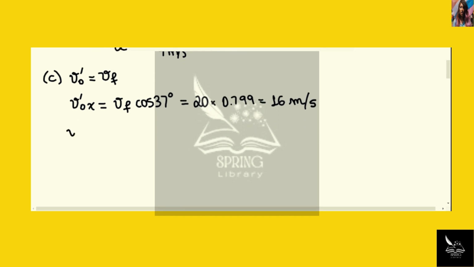We can also calculate the initial speed V0y, and that is V0 times the sine of 37. So it's 20 times the sine of 37, which is equal to 12 meters per second.